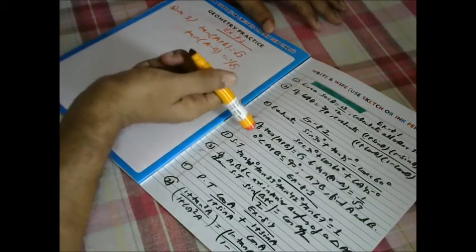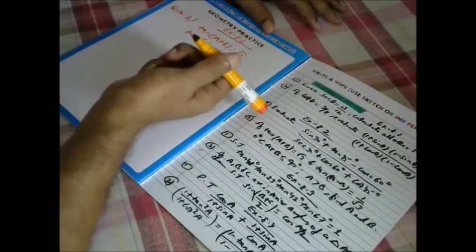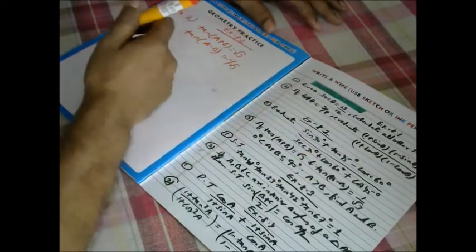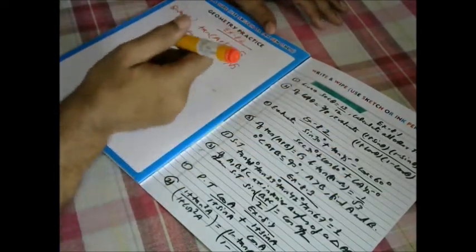And a plus b is between 0 to 90 degrees, it may be equal to 90 degrees, and a is greater than b, that is also given to us, and we need to find a and b.